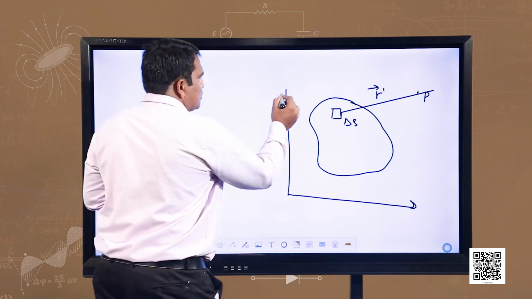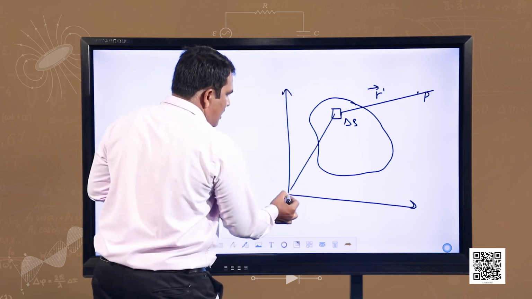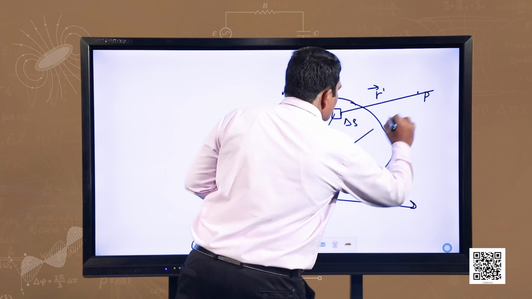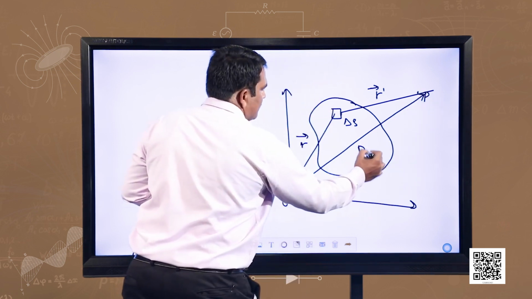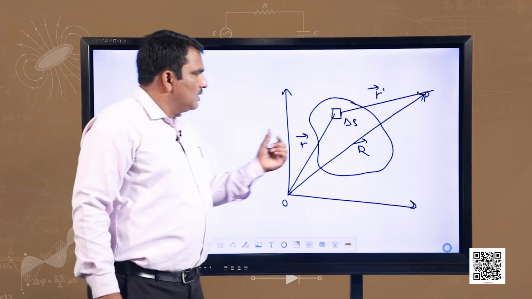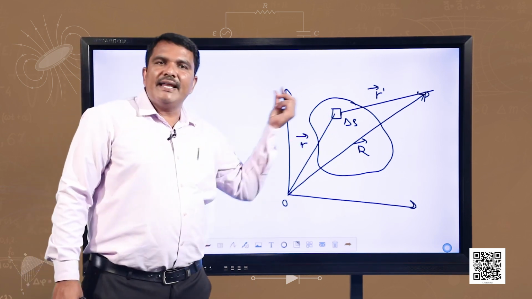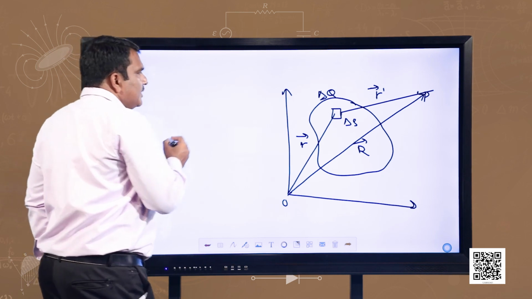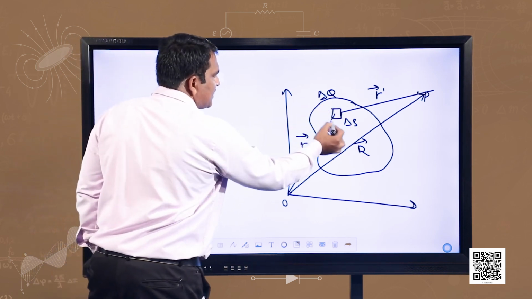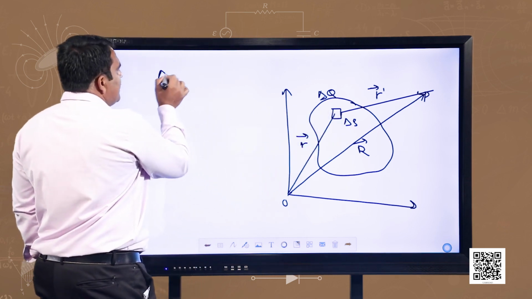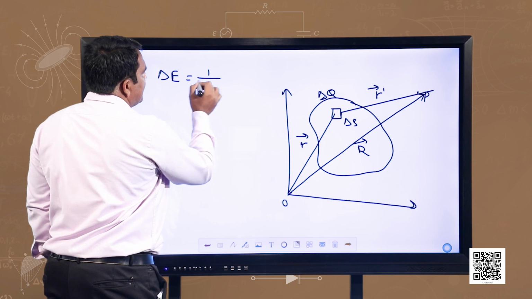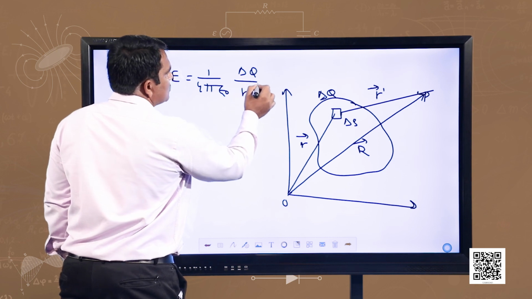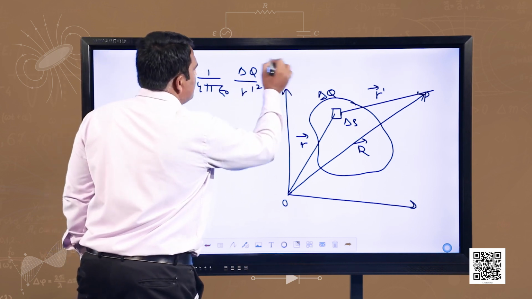Suppose this area element is situated at position r with respect to the origin, and the position of the point P with respect to the origin is capital R. So, this small area element contains a small amount of charge which is delta Q. Now, the electric field due to this small charge contained in this small area element will be delta E, and it can be written as 1 by 4 pi epsilon naught delta Q upon r dash square multiplied by r dash cap.